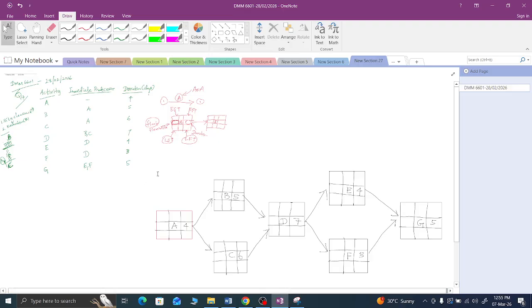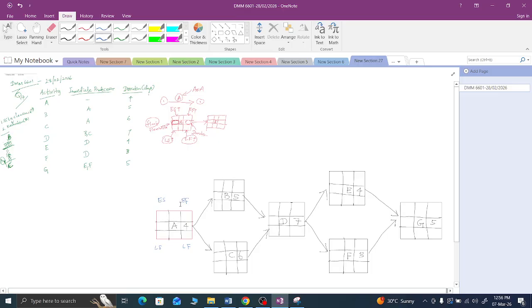After that, I already told you that this one is the early start cell and this one is the early finish cell. This one is the latest start cell, this one is the latest finish cell, right? So here the values come, you note down these values for each particular activity.